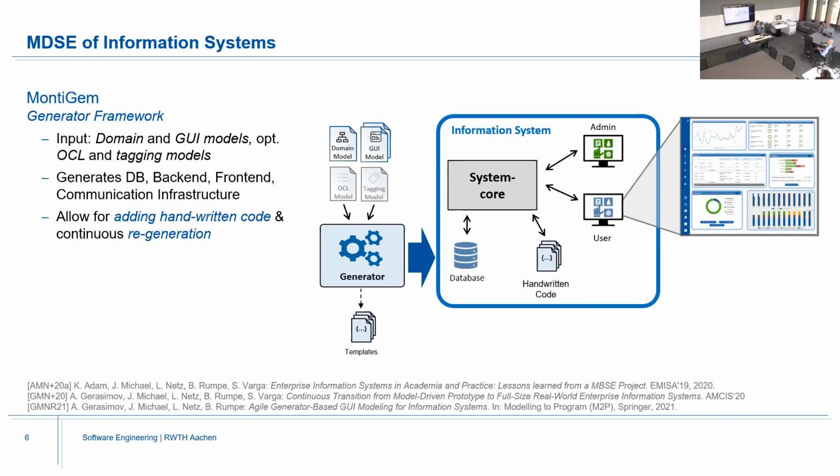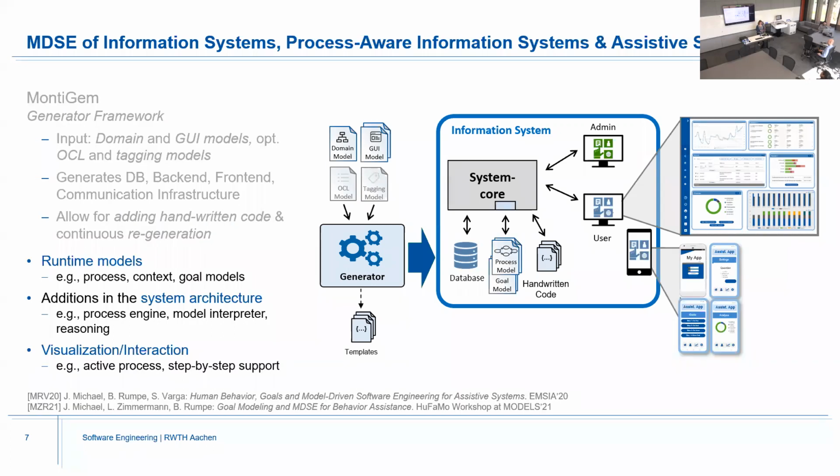Now, if we want to move from such an information system towards an assistive system, we have to think about what areas are additionally needed. First of all, we also need runtime models, because we need process information and context information. We could also include goals, for example human behavior goals, into such architectures.